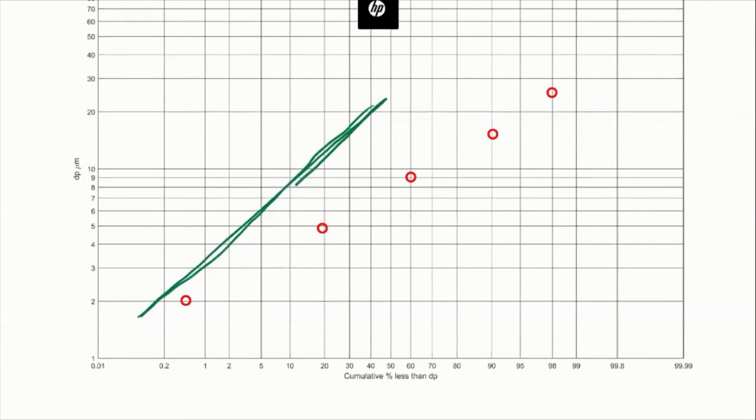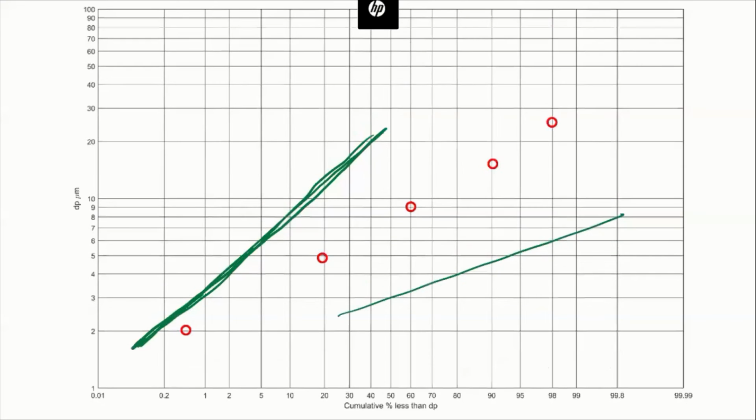If a distribution looks like this, it's also a log normal. If it looks like this, it's also a log normal distribution. It's just the parameters we discussed: what are the dpg or the sigma g?